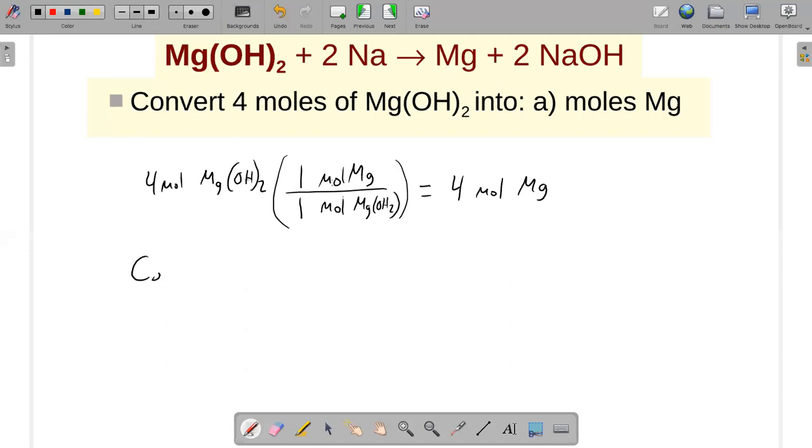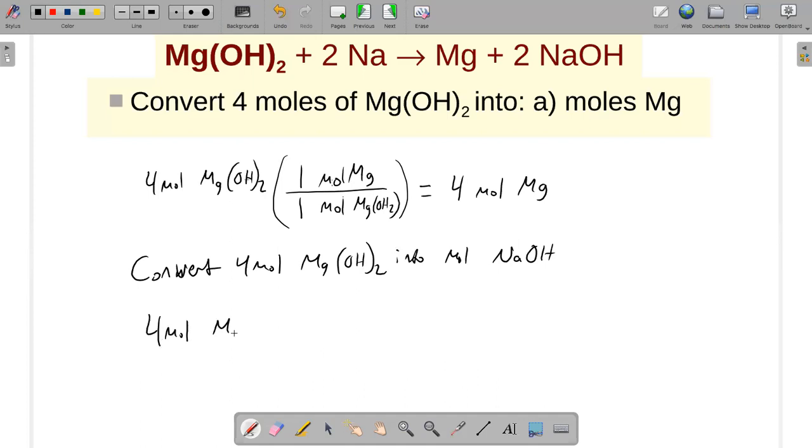But if I want to convert 4 mole magnesium hydroxide into mole of sodium hydroxide, the question is, if I have 4 moles of magnesium hydroxide, and I want to know how much sodium hydroxide I end up with, well, in the equation, there's only 1 magnesium hydroxide.